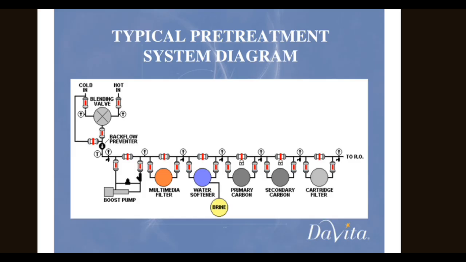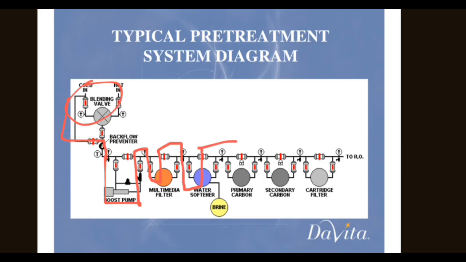So again we are going to remember our pre-treatment system, which is a temperature binding valve, then water passes through a backflow prevention device, then to a booster pump. Then we see the first one is the multimedia filter, sand filter or depth bed filter. Then water passes to a water softener, which is regenerated by NaCl solution.